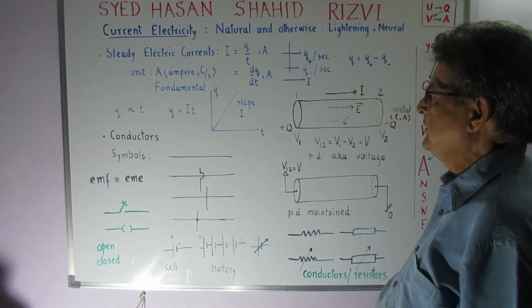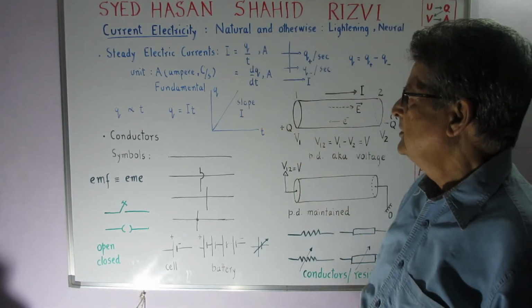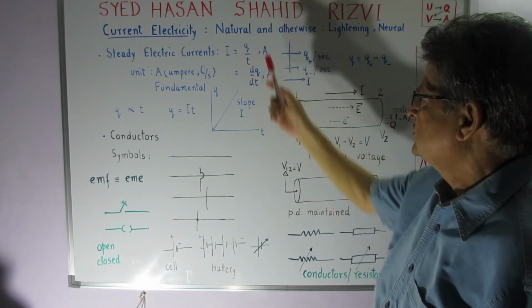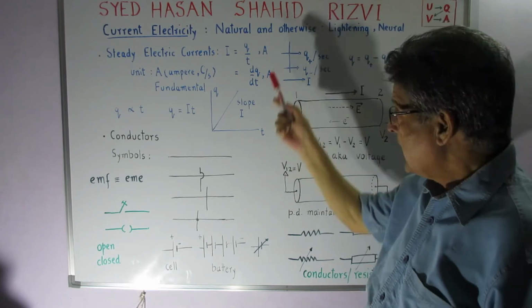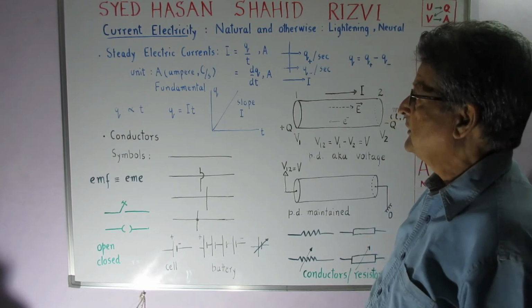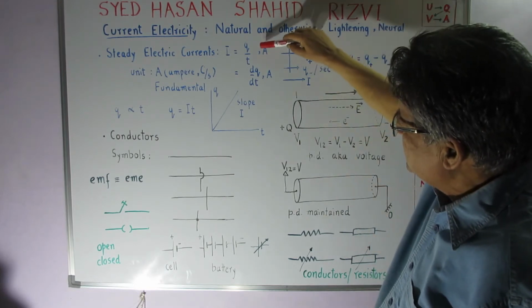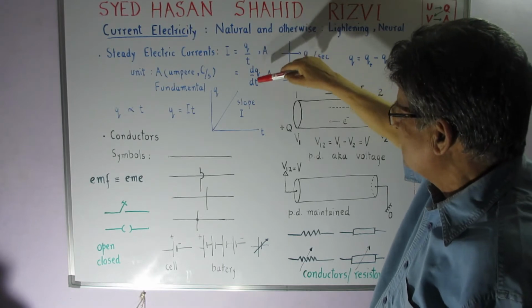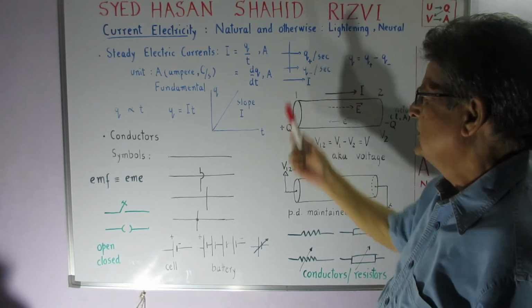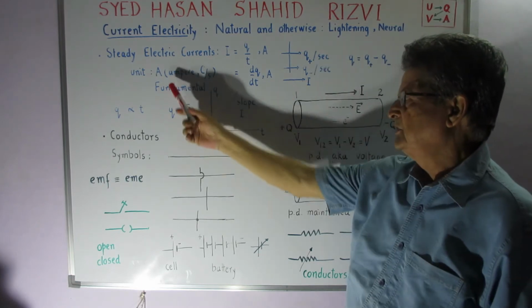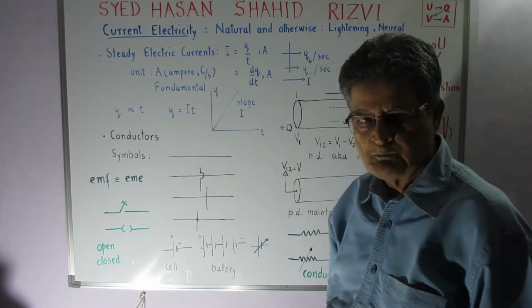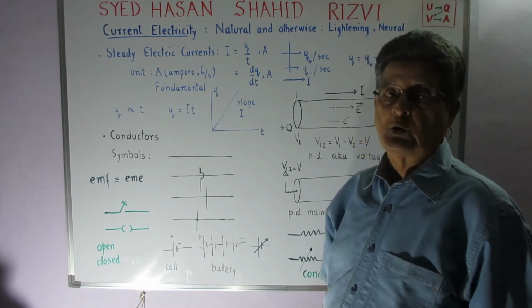So I can simply write that the electric current, which has the symbol capital I, is equal to the charge Q divided by the time t, and it is expressed in amperes. The unit of electric current is amperes. And from here I can say that this is dq/dt, the rate of change of charge with time, and the unit is ampere. Ampere is coulombs per second, but ampere is a fundamental unit.